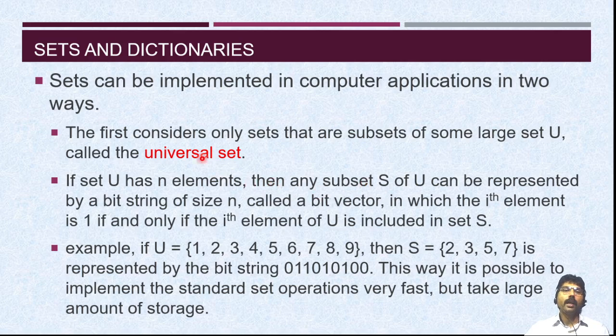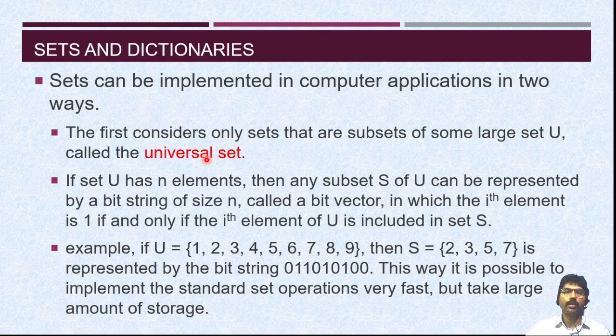Sets can be implemented in a computer using two techniques. The first technique is explained here. According to the first technique, we have a very large set called the universal set, denoted as capital U. This universal set contains a collection of many different elements.